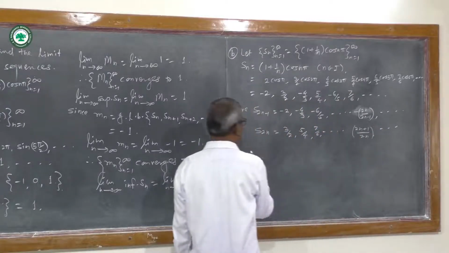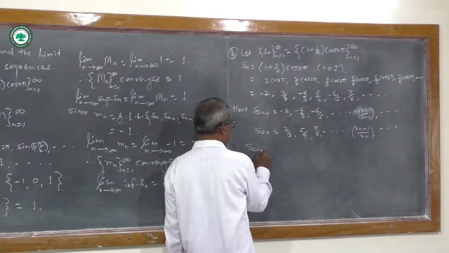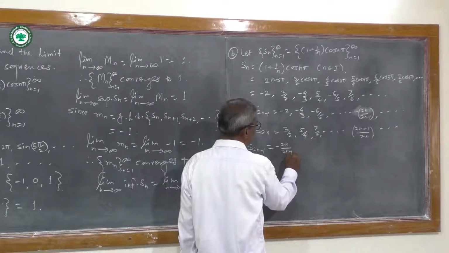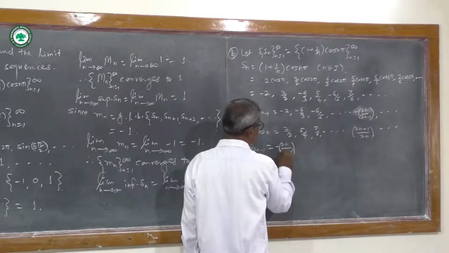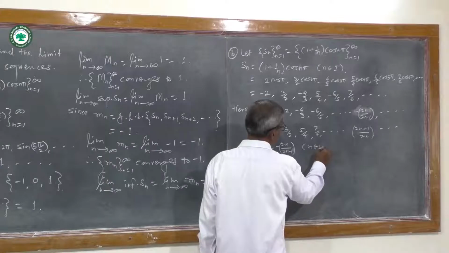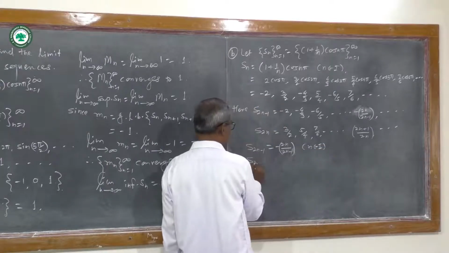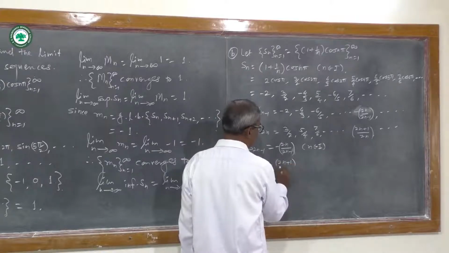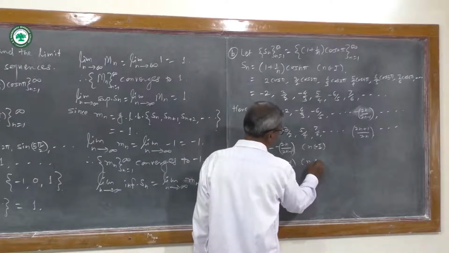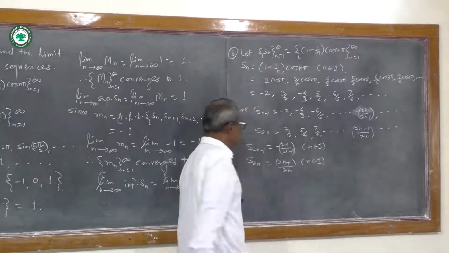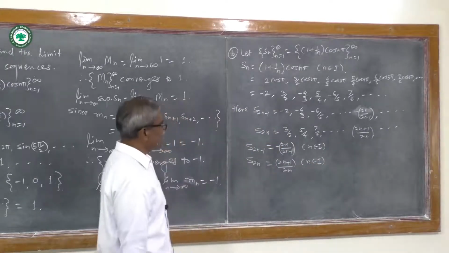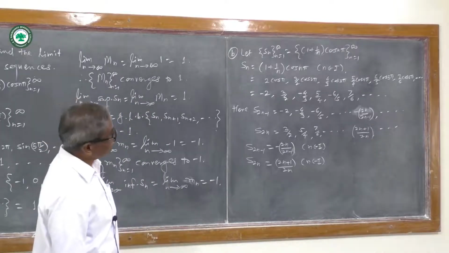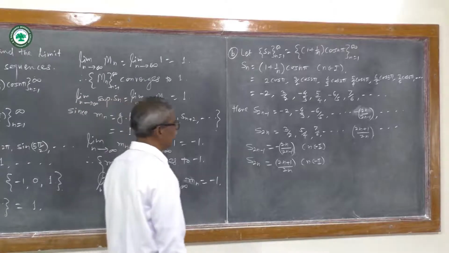In short, we write S suffix 2n minus 1 is equal to minus 2n upon 2n minus 1 for all n belongs to I. And S suffix 2n is equal to 2n plus 1 upon 2n for all n belongs to I. S suffix 2n minus 1 and S suffix 2n both are subsequences of sequence S suffix n, n is equal to 1 to infinity.